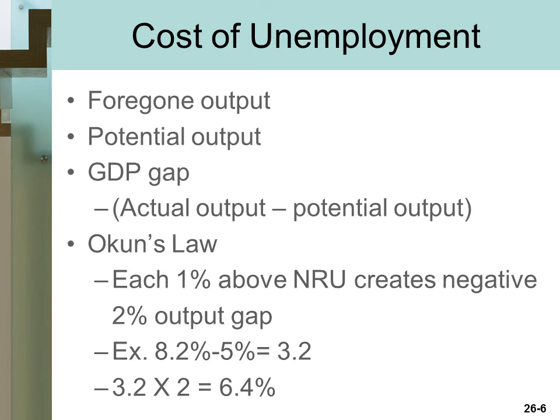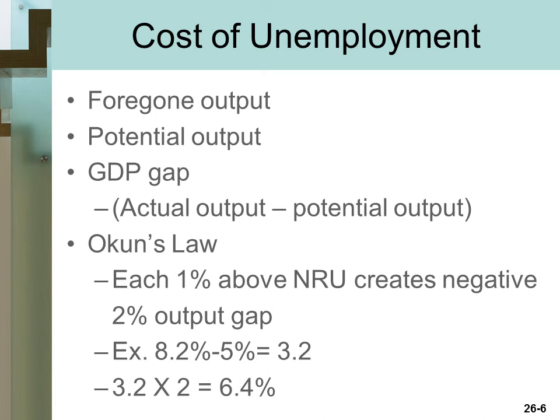He did a lot of mathematical and statistical investigating of previous business cycles, and he says that for every 1% that the actual unemployment rate is above the natural rate of unemployment, it creates a 2% GDP gap.